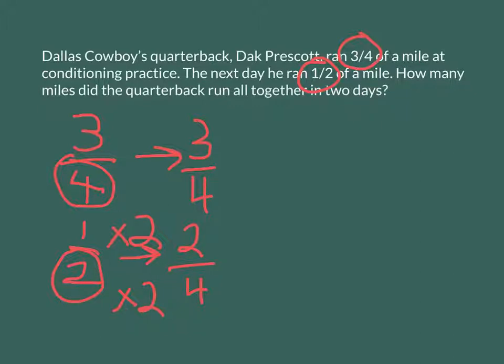So now that I've made my denominators common, I can add this just like we added the other problems as well. So I will take 3/4 plus 2/4 and add these together. The denominator will stay 4, and I'll add the 3 and the 2, which makes a 5. When we're looking at fractions, we can see that 5 is bigger than 4.